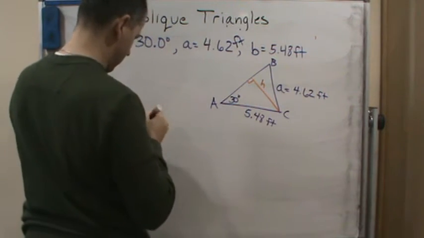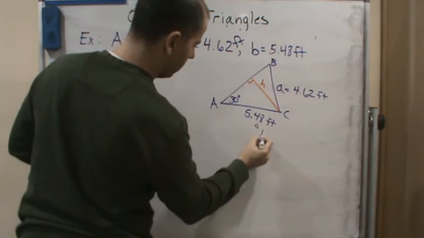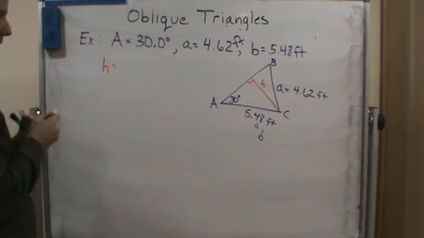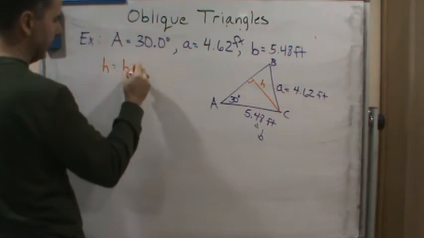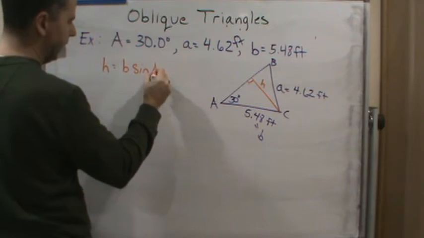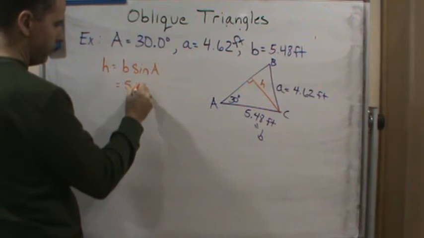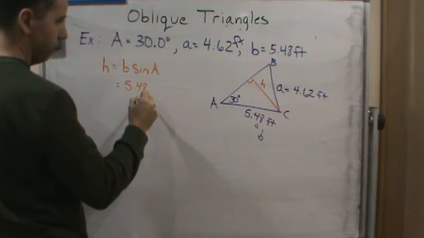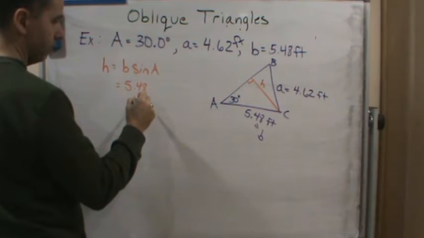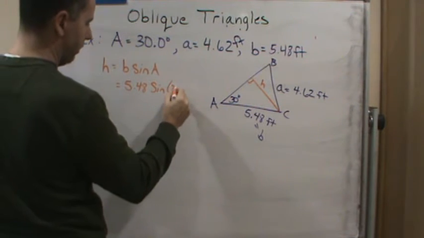And this is b, of course. So again, height equals b sine A in this case, and so that's going to equal 5.48 sine of 30 degrees.